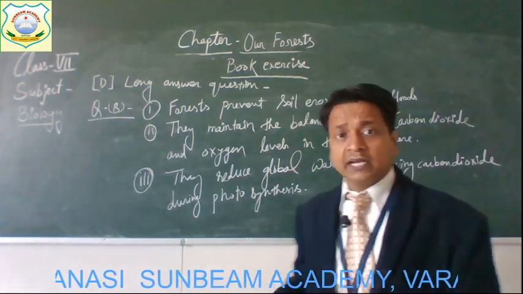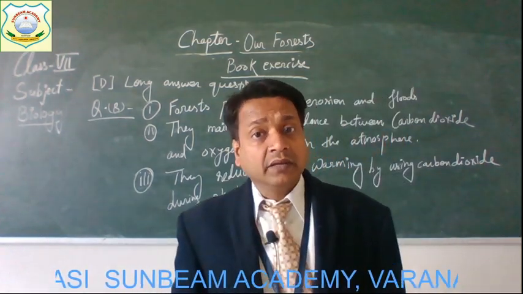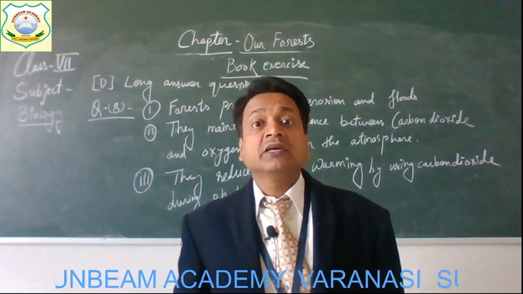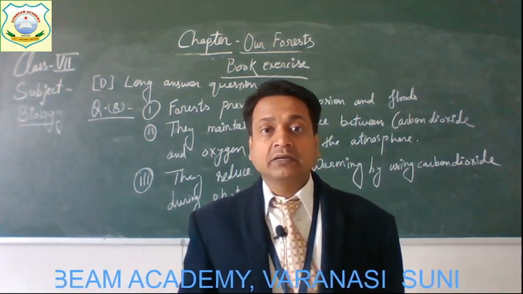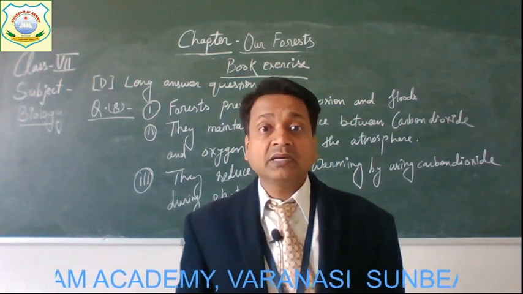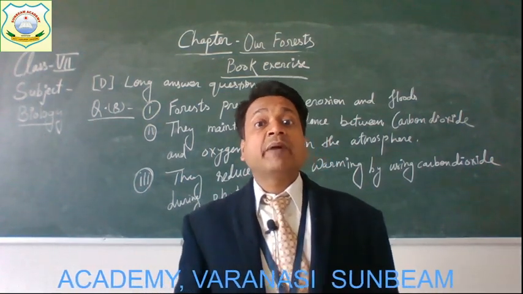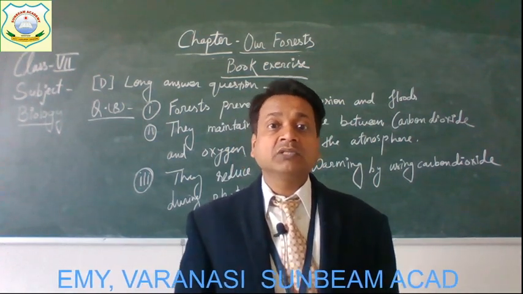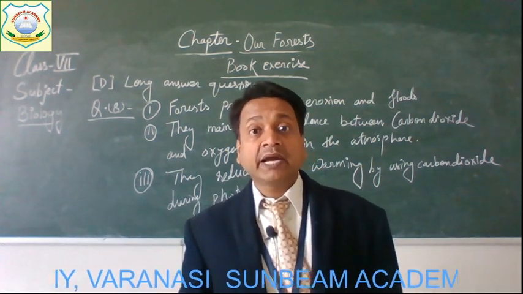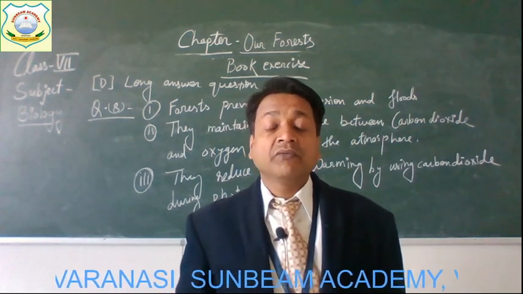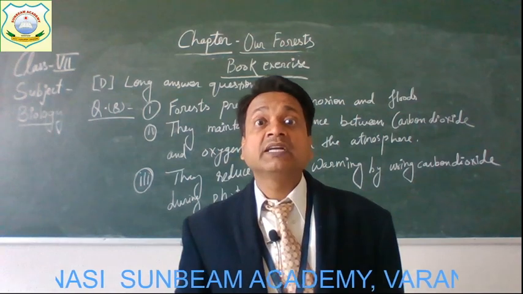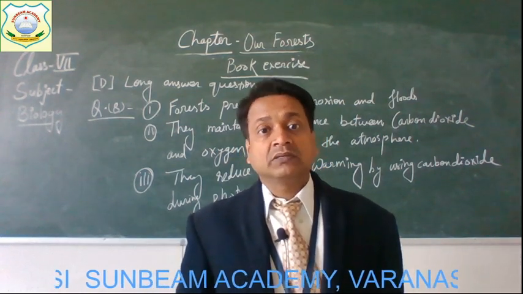So this is the third way. As you know, during the photosynthesis process, plants use carbon dioxide to prepare food. And by using carbon dioxide, global warming gets reduced, because carbon dioxide is one of the gases responsible for global warming, which increases the temperature.